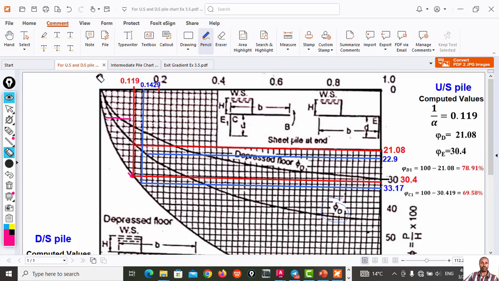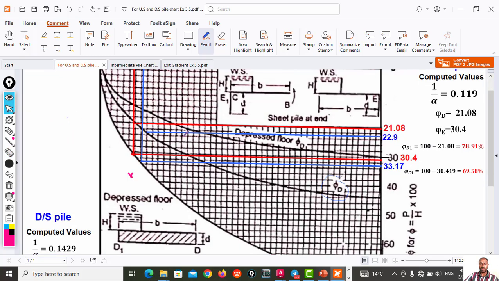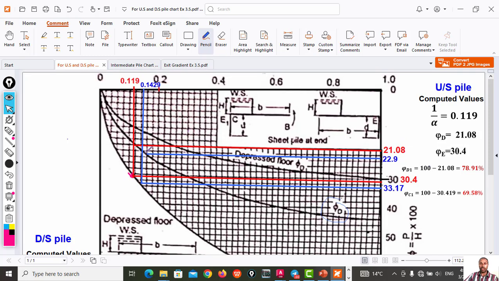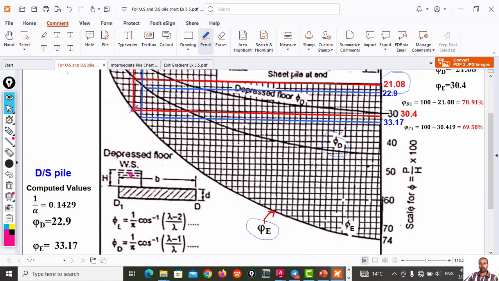So once you have this result, you can just calculate again. You go just here, you have 2 points. This is for phi D, this curve you read 21, and this point for phi E. So for phi E you go horizontal, you just have this one.